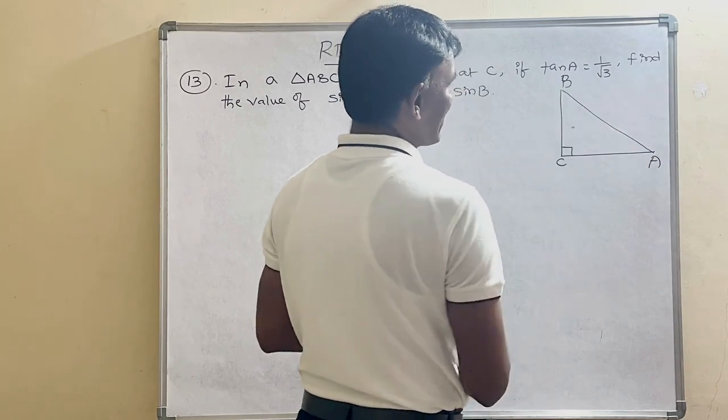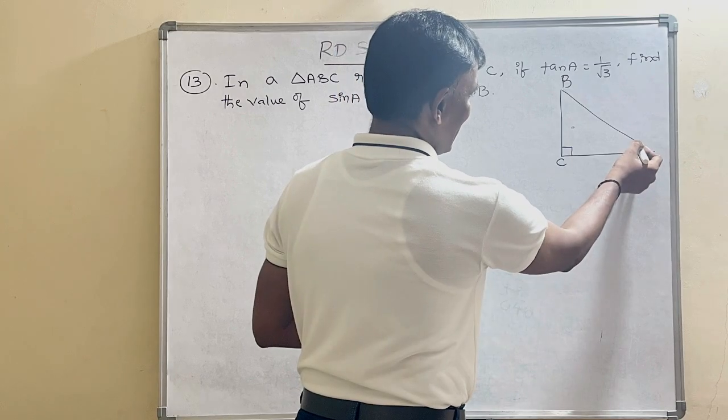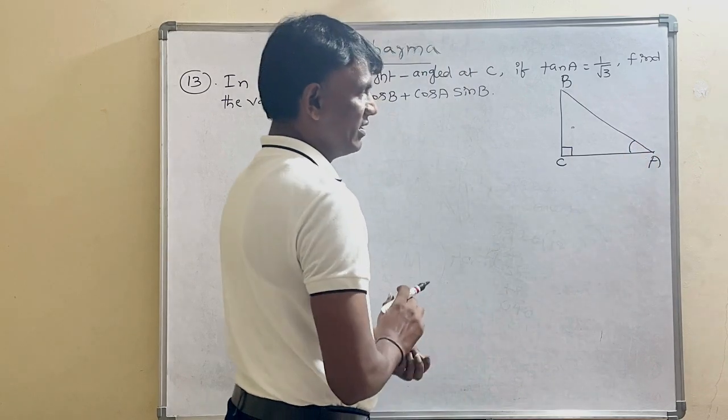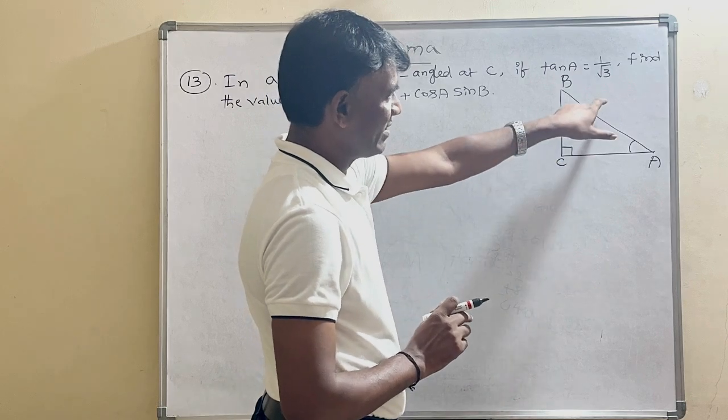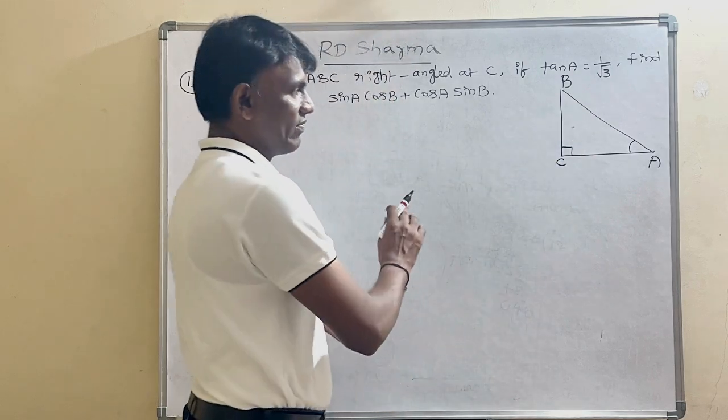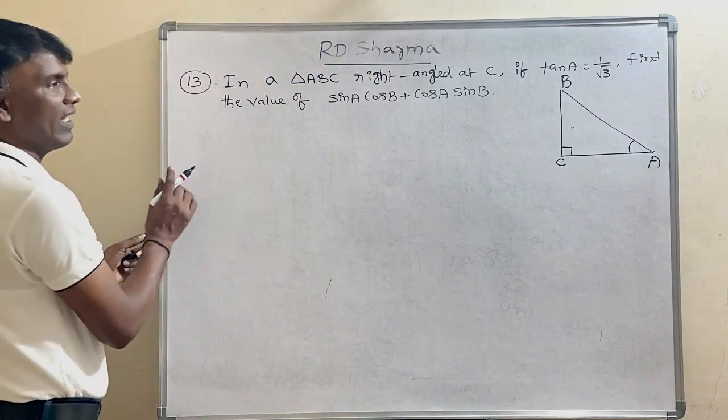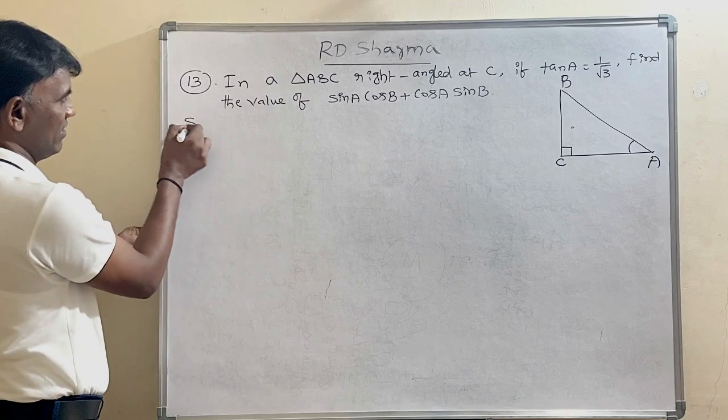And tan A is given. So suppose if you take A, an acute angle, for this this is the opposite side, this is the adjacent side, and this is the hypotenuse. So first we write the given data, after that we will calculate those values.